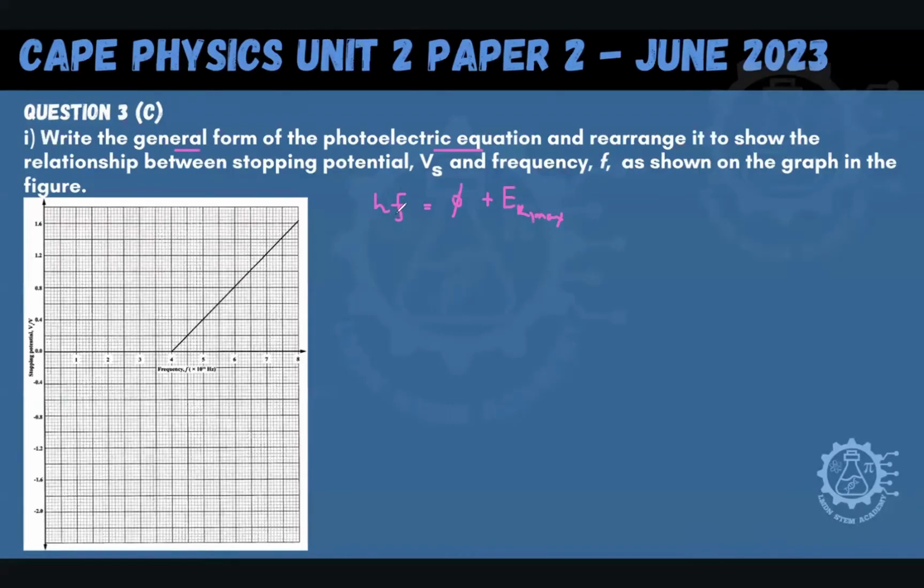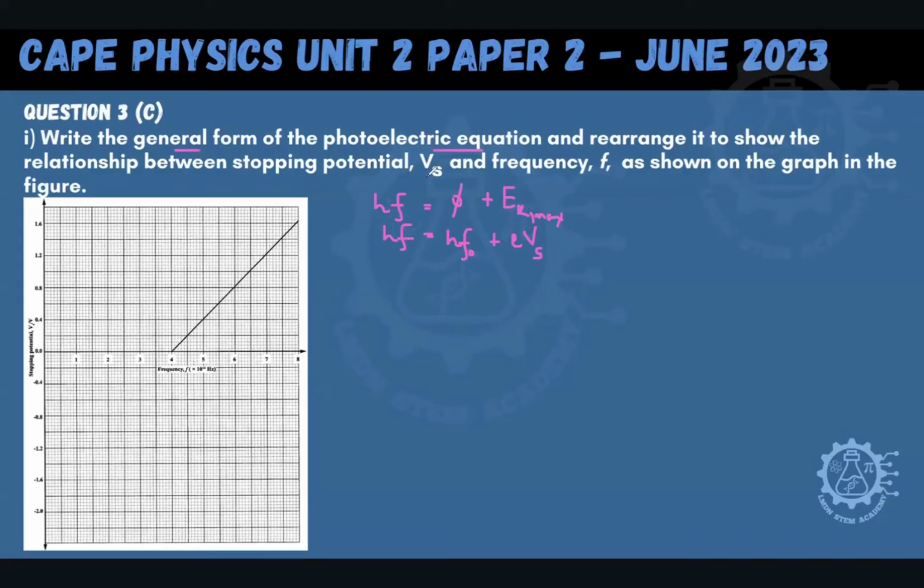The work function can also be written as h f naught, so your h times your threshold frequency. We're just going to substitute that in for the work function. And your EK max can also be written as eVs, so that's the charge on an electron times the stopping voltage, or the stopping potential.